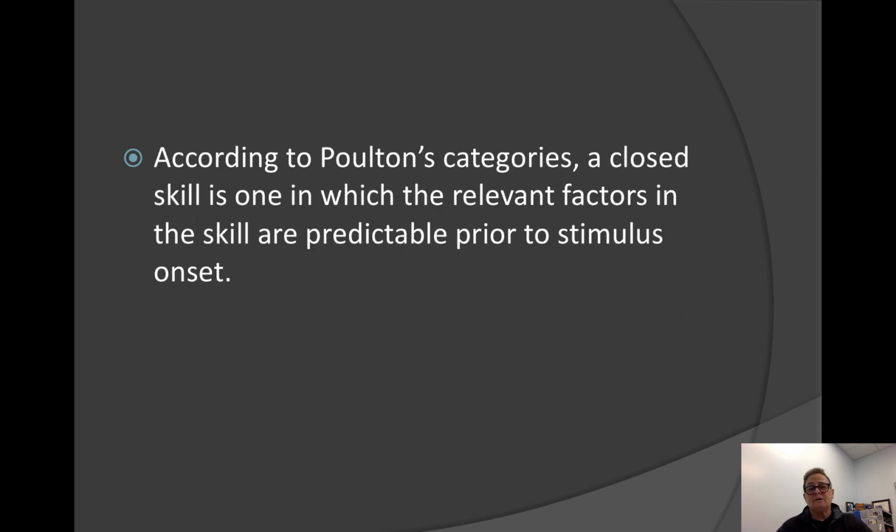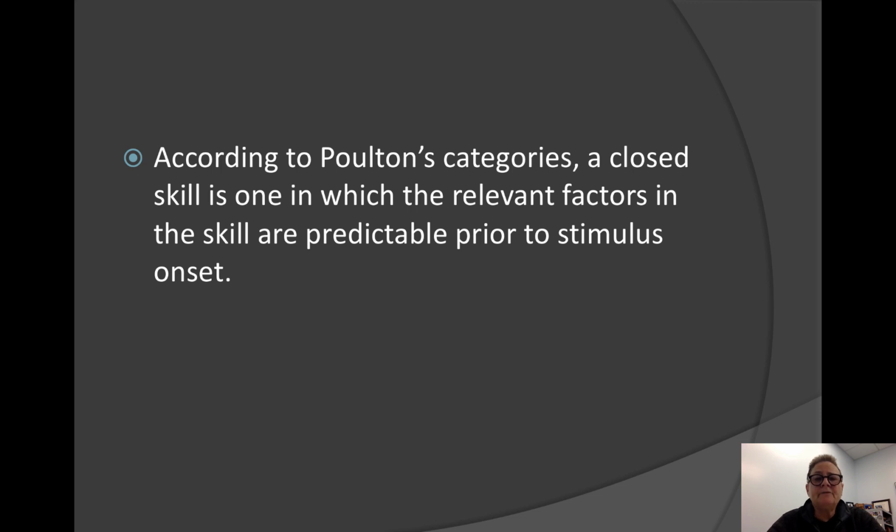A closed skill, according to Poulton, is one where the relevant factors or the regulatory factors in the environment are predictable prior to stimulus onset. So an example of an open skill would be batting in a baseball game.